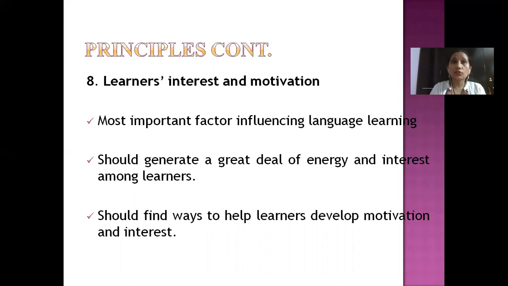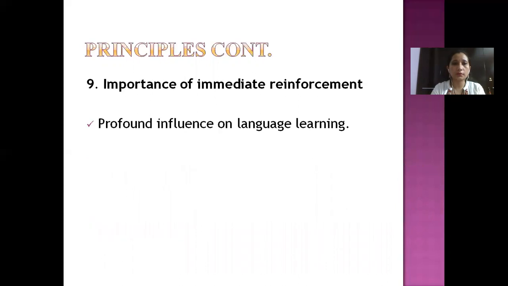And language teachers should also find ways to help learners develop motivation and interest. And she can do so by including a variety of constructive and activity-based learning, role plays, dramatization, audiovisual aids, use of ICT. She can do that in a variety of ways, but down the line, she needs to generate a great deal of interest and motivation among his or her learners.